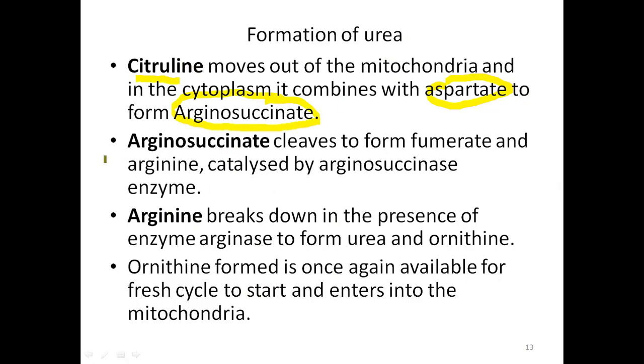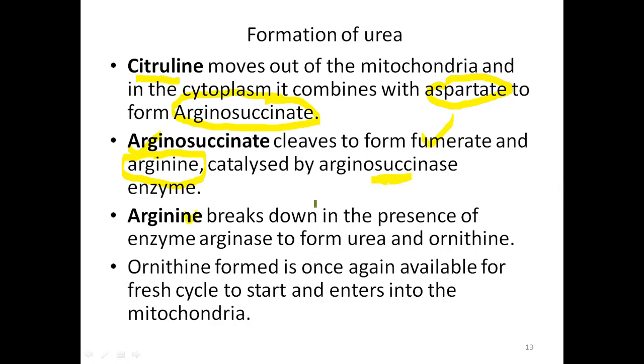Okay, so this is another important molecule that is formed with the combining of citrulline and the aspartate. Now, argininosuccinate that is formed breaks down with the liberation of fumarate, and in the course of liberation of fumarate from the argininosuccinate, there is formation of this important molecule that is the arginine. Arginine is formed in presence of the enzyme known as argininosuccinase. Now, this arginine forms two important molecules.